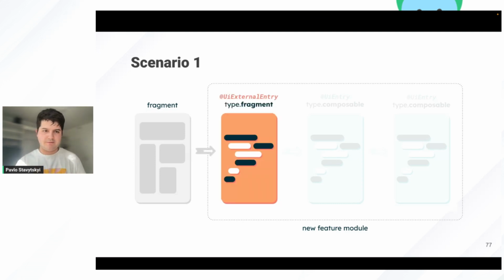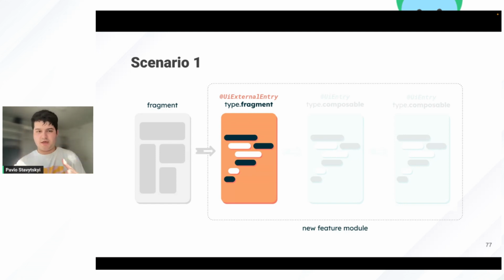So the first screen of that new feature must be an external entry, because you need to reach this screen from another module, and it should be a fragment, because the screen from which you will be navigating to it is a fragment. That's why it should perform fragment transactions, so that for the non-compose world, your compose screen will look like a fragment.